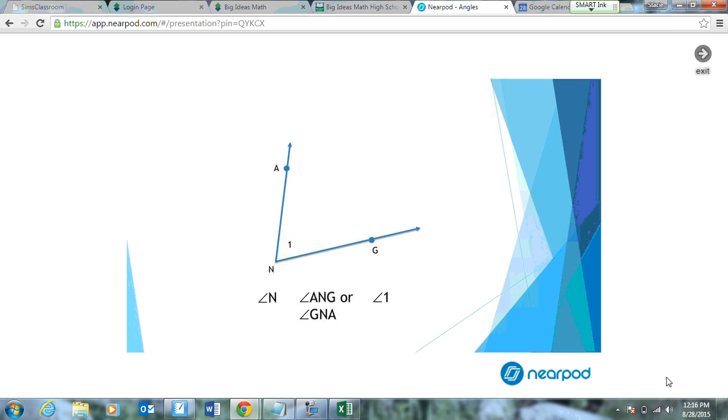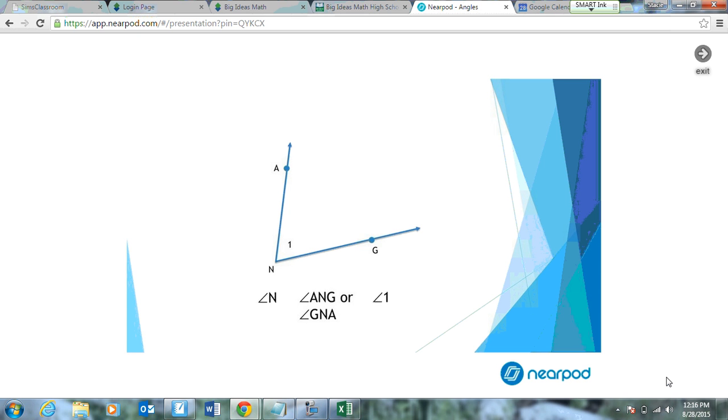Letter N here is that point, that vertex, so we can call it angle N. Or we can call it angle ANG or angle GNA, provided N is the middle letter. Vertex has to be the middle letter. Or your book will often put a number 1 or a number 2 or a number 5 there, and that refers to that angle as well.